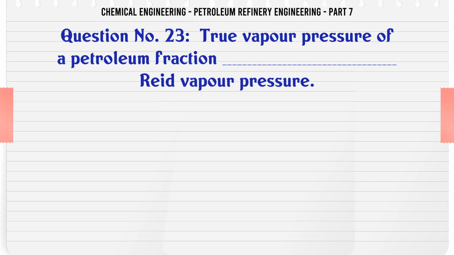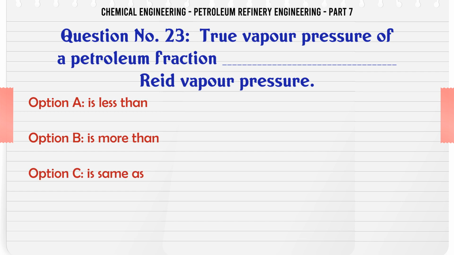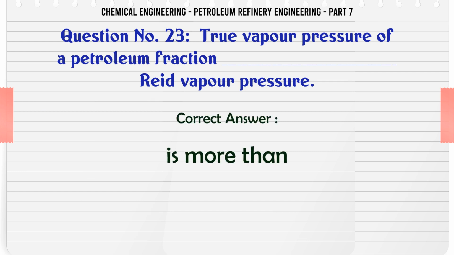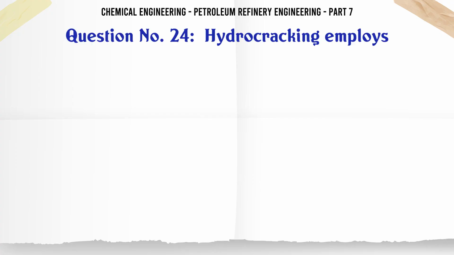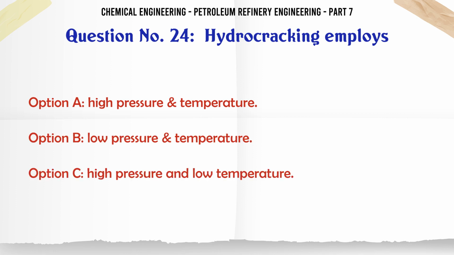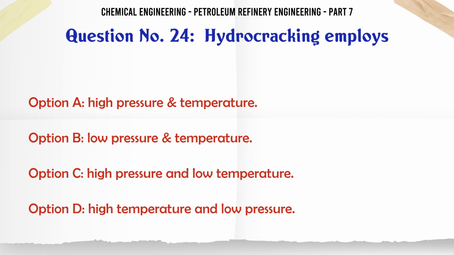True vapor pressure of a petroleum fraction, Reid vapor pressure: A. is less than, B. is more than, C. is same as, D. may be either more or less than. The correct answer is more than. Hydrocracking employs: A. high pressure and temperature, B. low pressure and temperature, C. high pressure and low temperature, D. high temperature and low pressure.